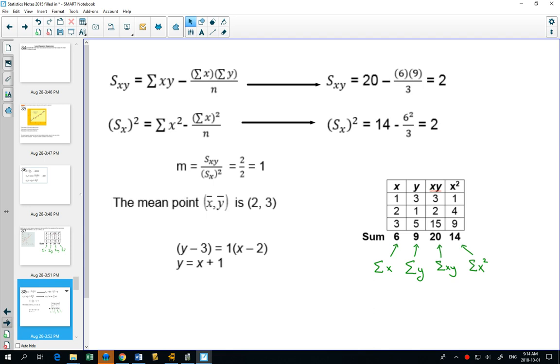The mean point, which is the average of your x coordinates and average of your y coordinates, is (2, 3). And using your slope and your mean point, this becomes the best line of best fit going through those points.